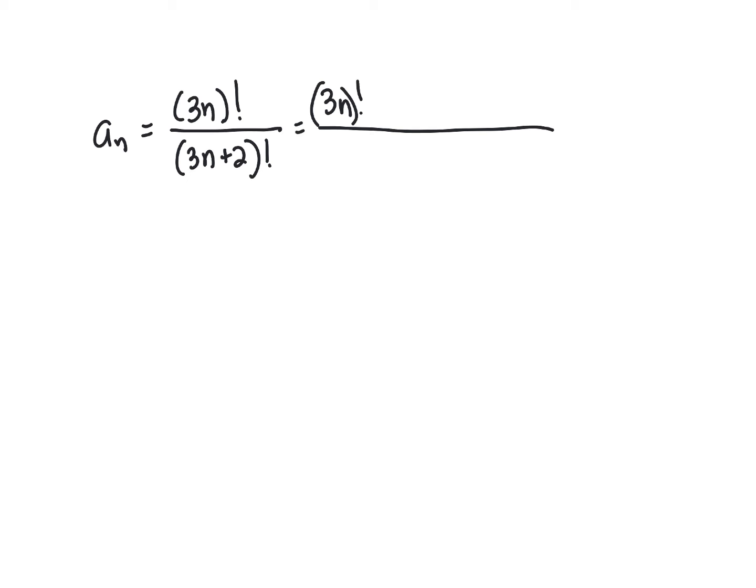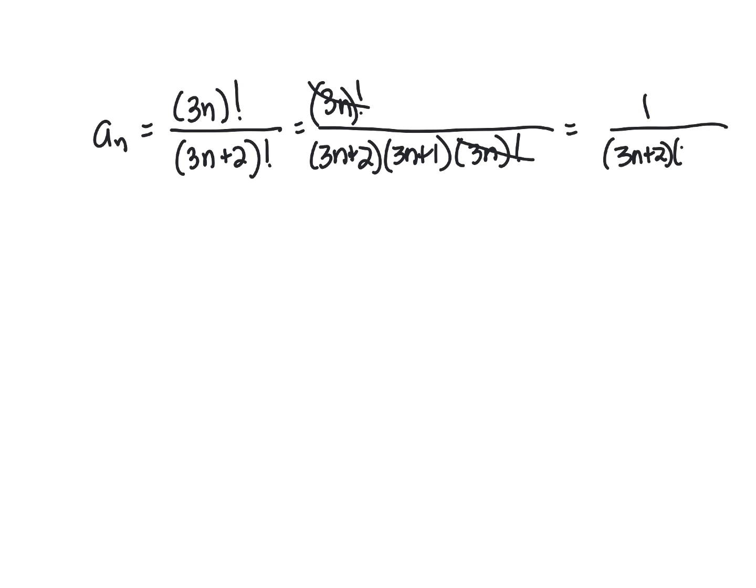Notice that the factorial is touching the parentheses and not the n. On the bottom, we have 3n plus 2. Take 1 from that, you get 3n plus 1. Take 1 from that, you get 3n, and bang, bang, I end up with 1 over 3n plus 2 times 3n plus 1. Simple to cancel these out.